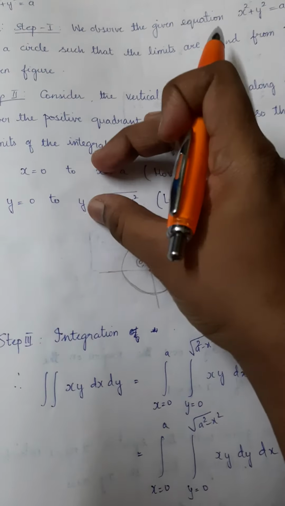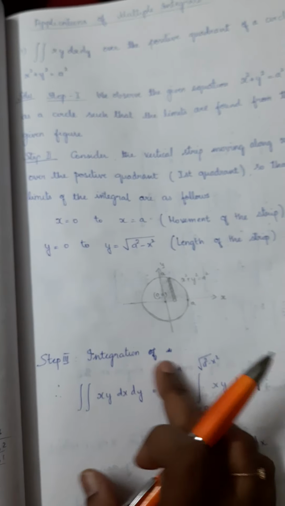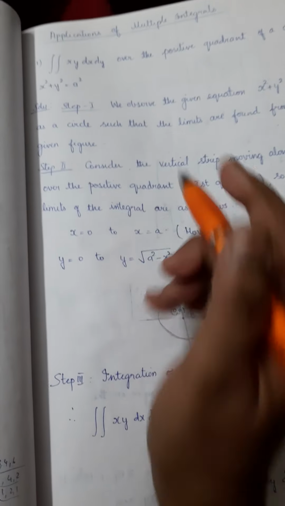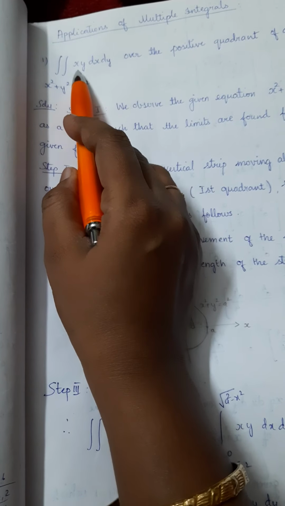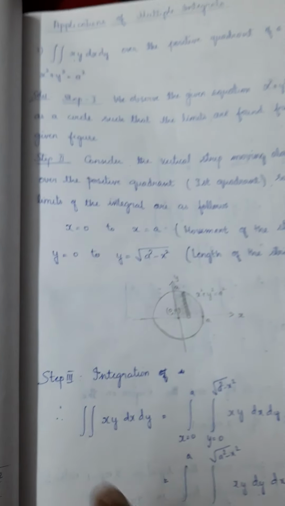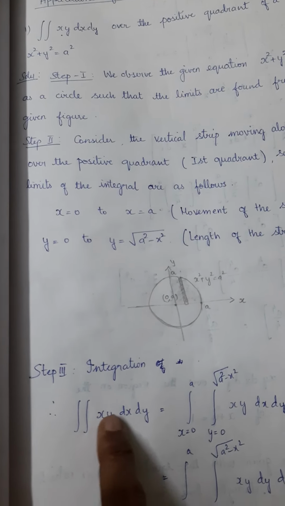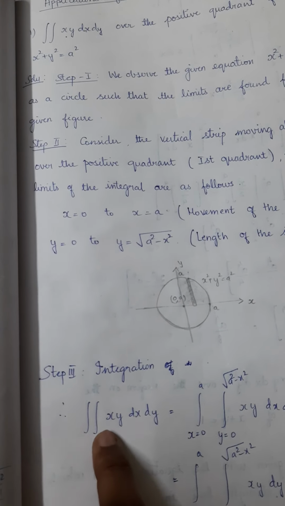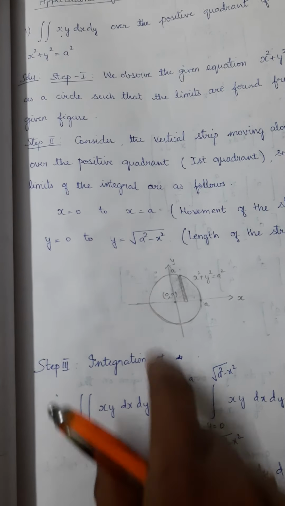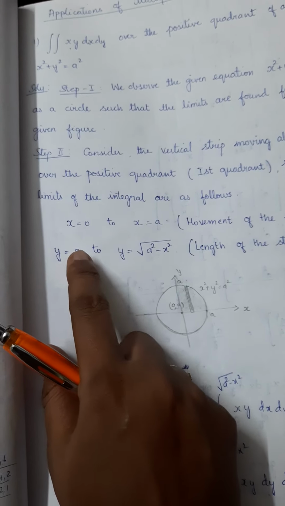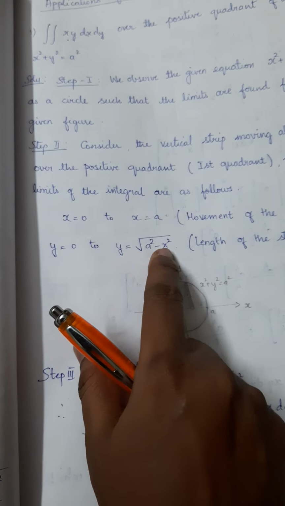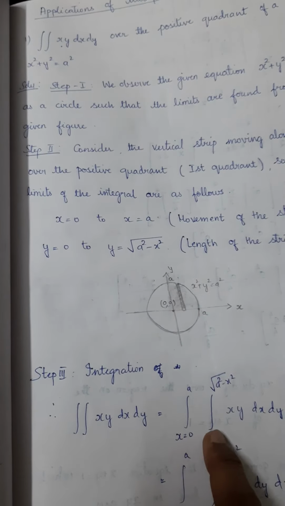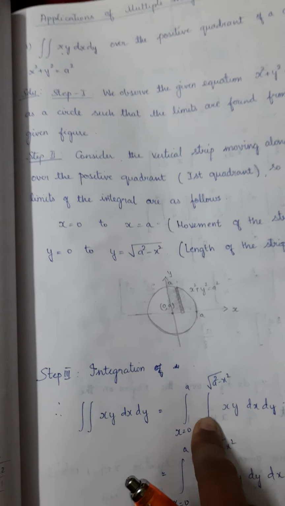Once my limits are ready, step 3, evaluation of the integral. My problem, double integral xy dx dy. So we have written double integral xy dx dy. Now we have to place the limits. We know very well the limits of the variable that carries a function should be the inner integral limits.